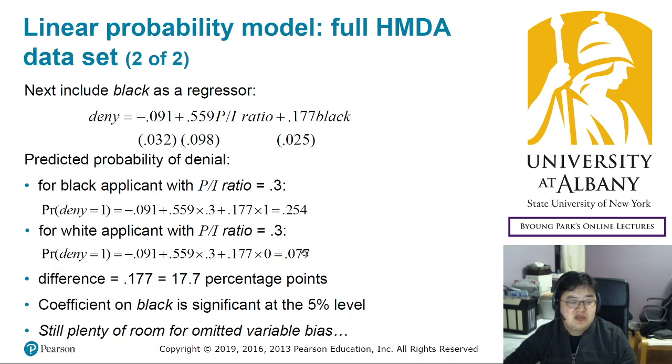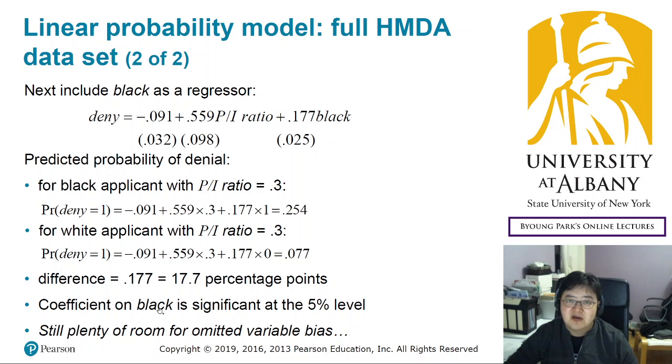Our interpretation is exactly the same except for the probability sense. Otherwise, we may do the same thing. This is the difference. Holding the PI ratio fixed, 17.7 percentage points is the effect of being black on the denial probability.